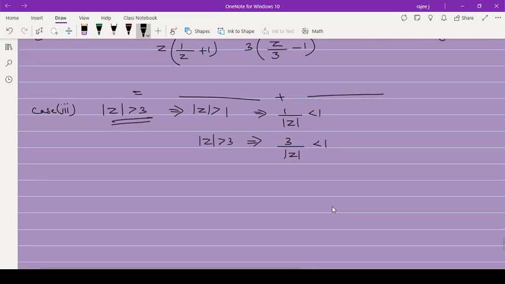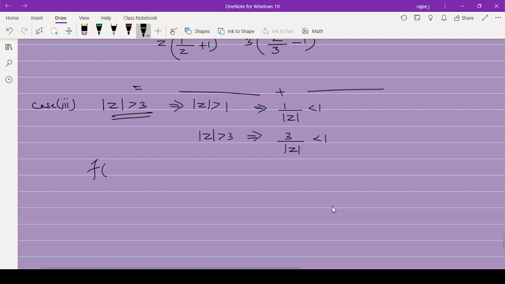So these changes you need to make in f of z. Therefore f of z is equal to 1 by 2 upon z plus 1, plus 1 by 2 upon z minus 3.